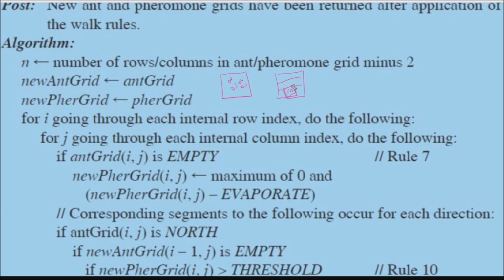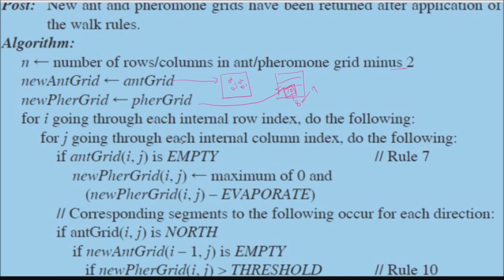If the ant lives here, by the time this amount will reduce to 8, so that is -2 each time. It will reduce some values. If another ant comes here, obviously you have to increase the value. Anyway, we have to maintain two grids: one for the ants, one for the Fermat amount.